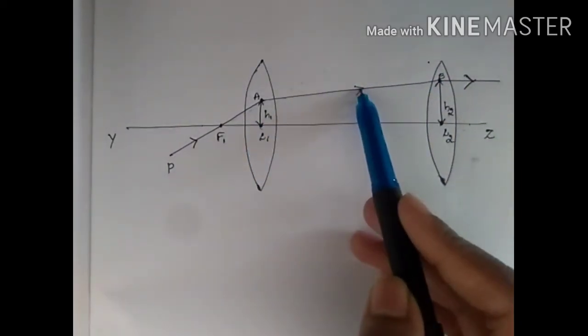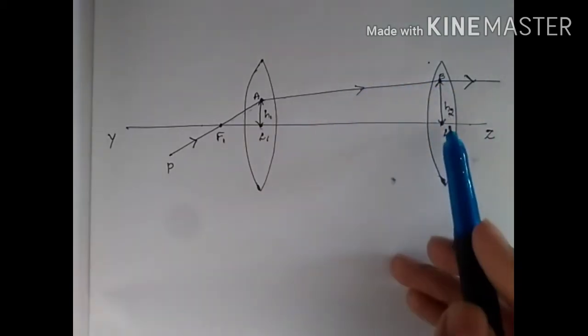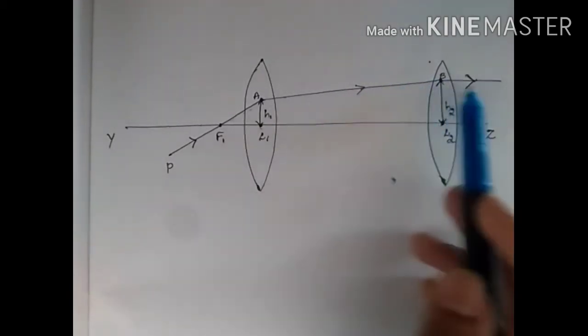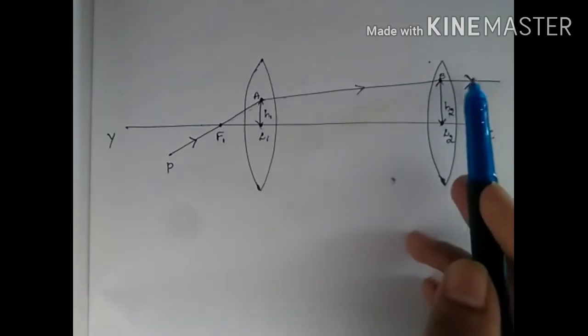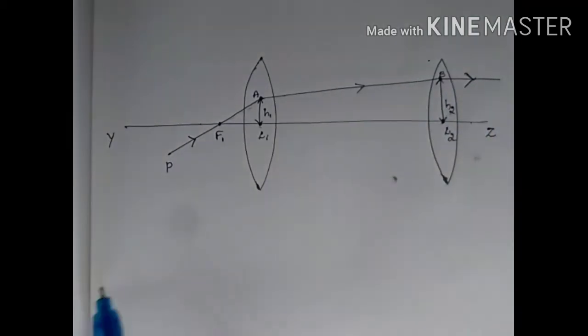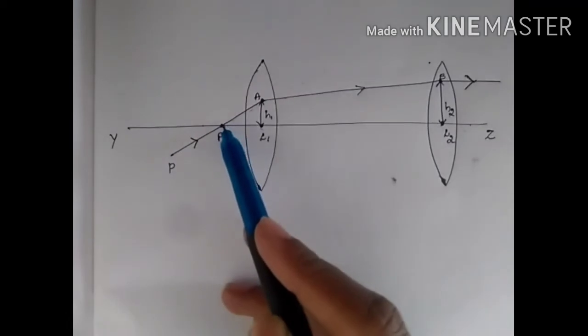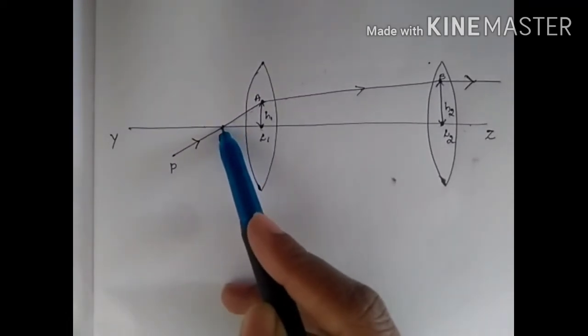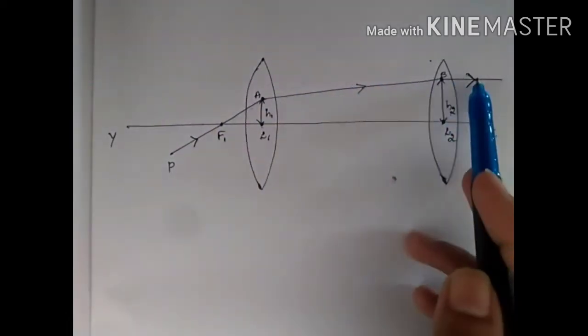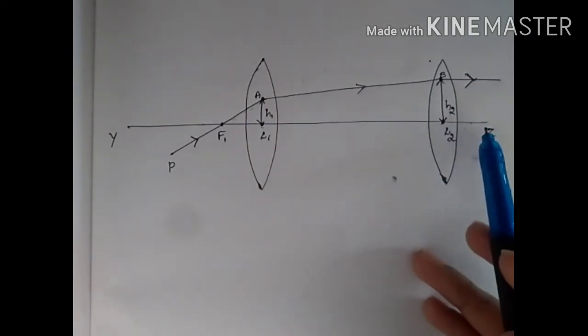Now this ray again gets refracted from the lens L2, and it emerges as a ray parallel to the principal axis. We know the basic rule: when a light ray passes from the focal point, after refraction that ray will be parallel to the principal axis.